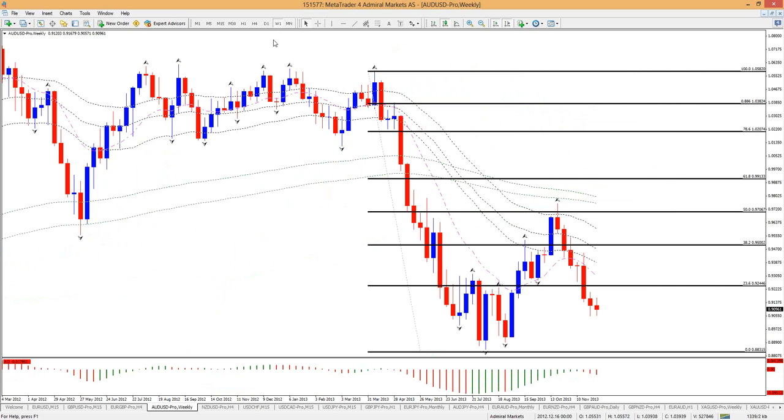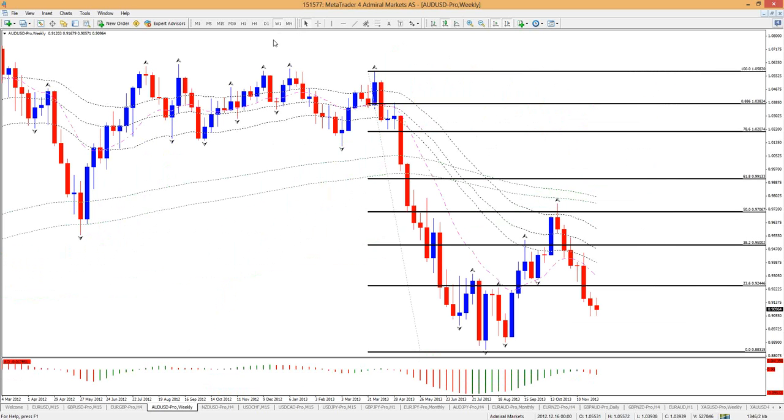Pound dollar actually was making a bull flag and broke to the upside, and aussie dollar has just been moving down in a downtrend so far. So interesting differences, right? Pound dollar making a bull flag and breaking to the upside, euro dollar making a fall to the downside and correcting up, and aussie just falling. So that shows you also why the pound aussie, for example, has been moving up so much, which we'll be looking at very soon from now.